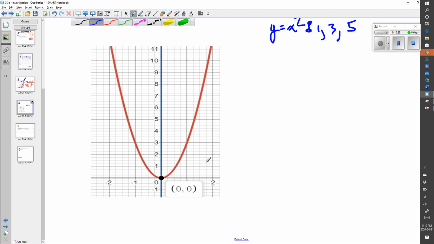This was our new graph. Our original graph would have been over 1, up 1, right here, and then over 2, up 4 if I compared it to this graph. And I'll just mirror it on the other side here.